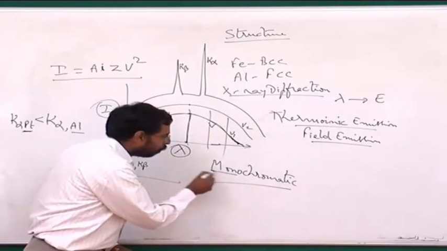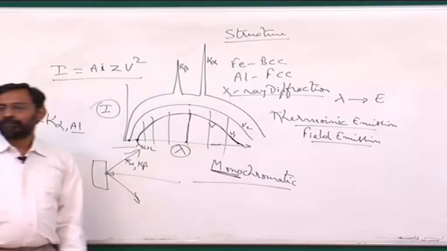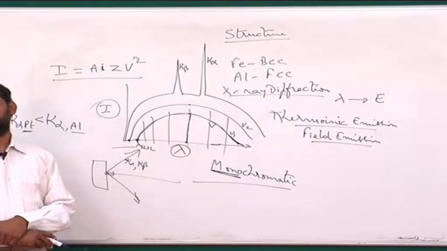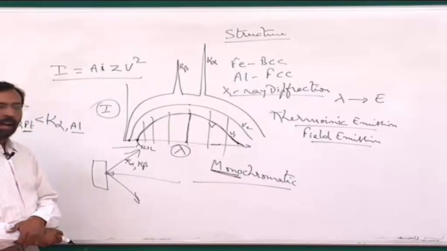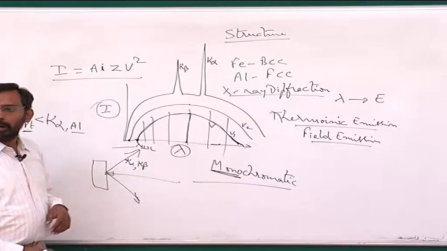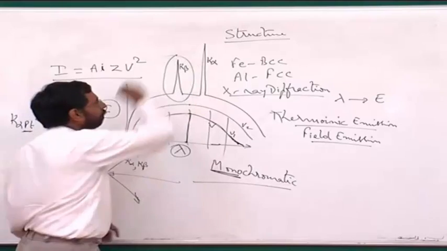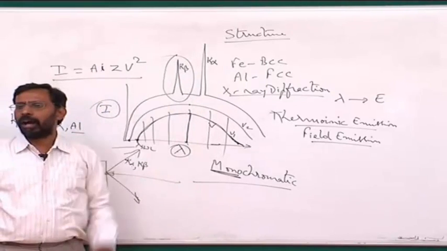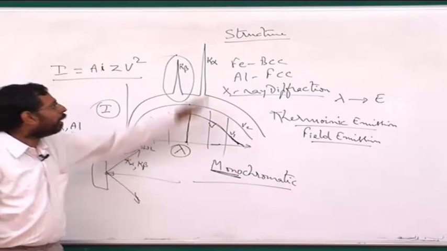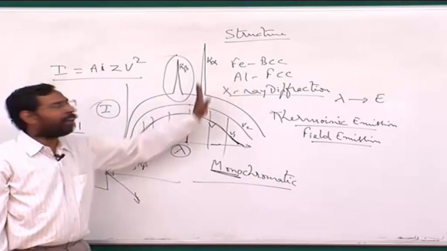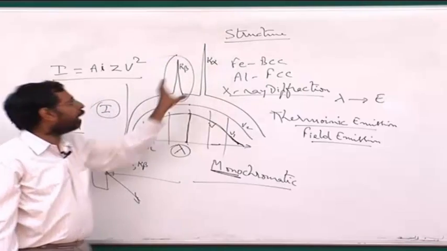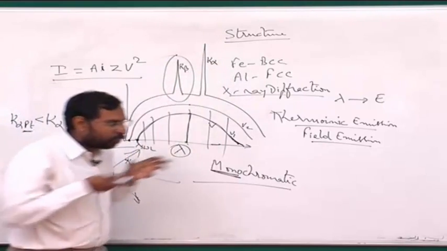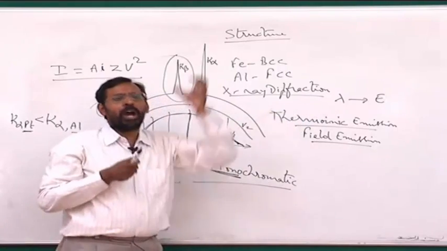Monochromatic means, mono means single. Can I have a radiation with a single wavelength? That means I have to somehow make sure that one of these is not there, either alpha or beta. I know that alpha has a higher intensity than beta, so I do not want to lose alpha, because my X-rays falling on my sample are going to have higher energy.